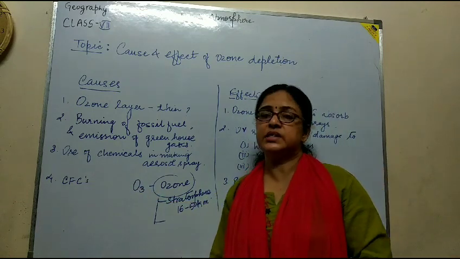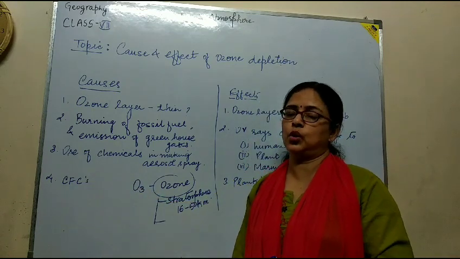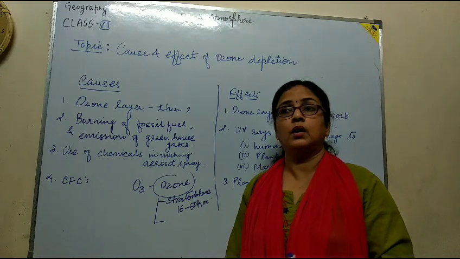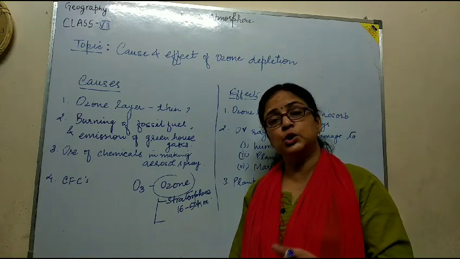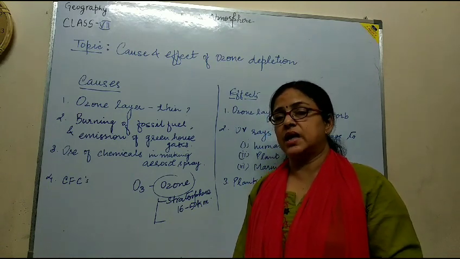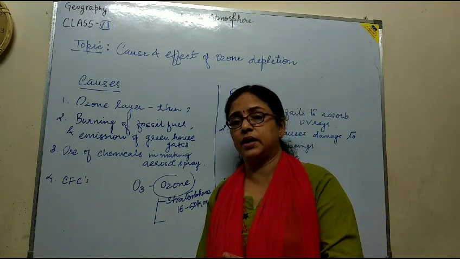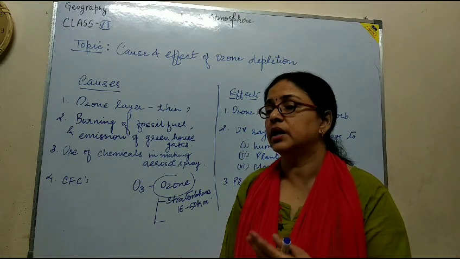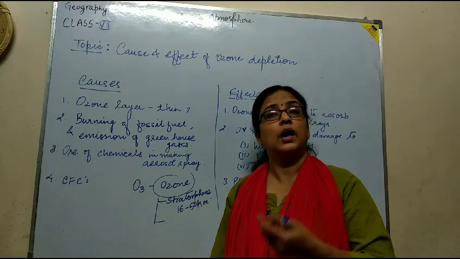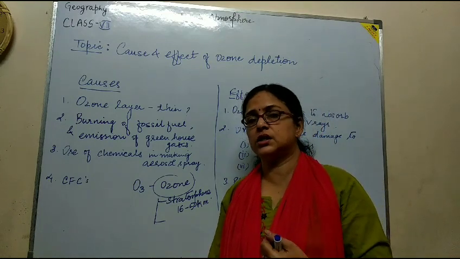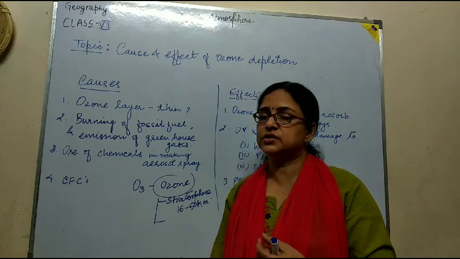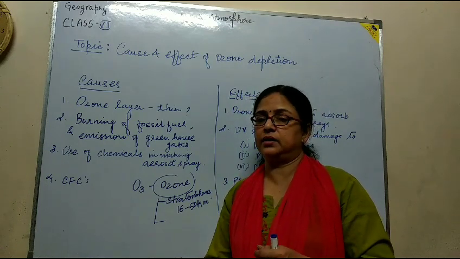Another one is CFCs, the chlorofluorocarbon, which is used in ACs and refrigerators. It is released by these ACs or refrigerators. Till the refrigerator is in use, the CFC is safely contained.